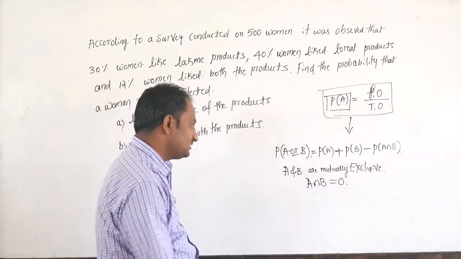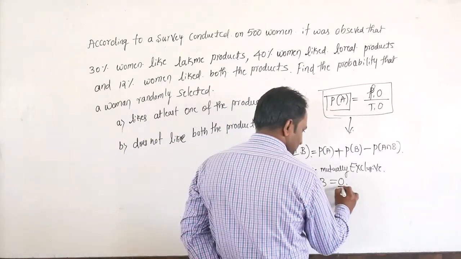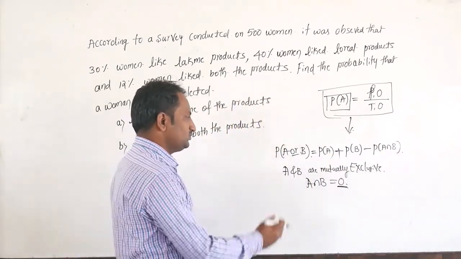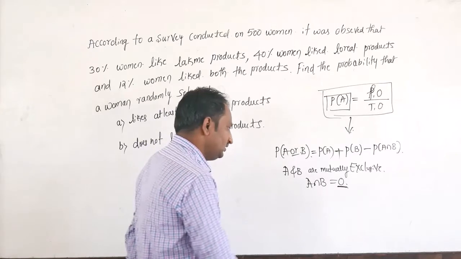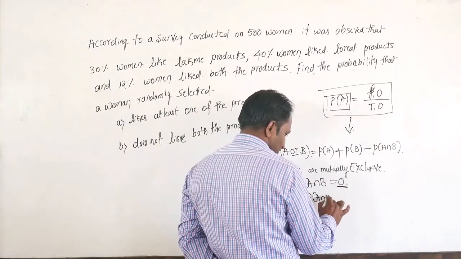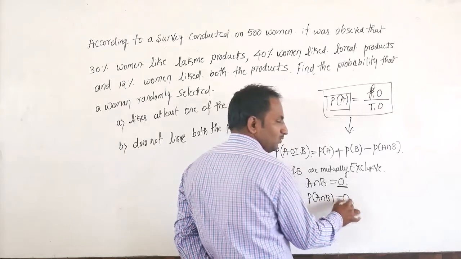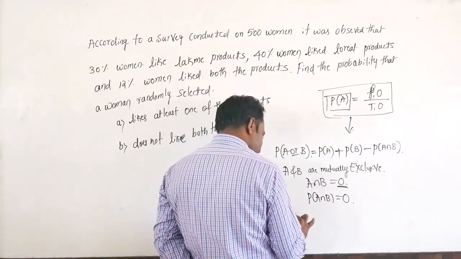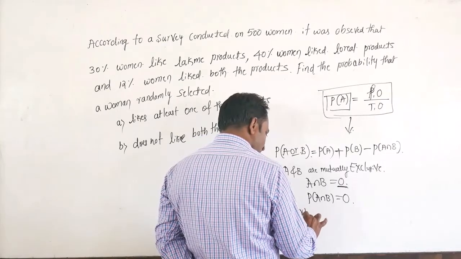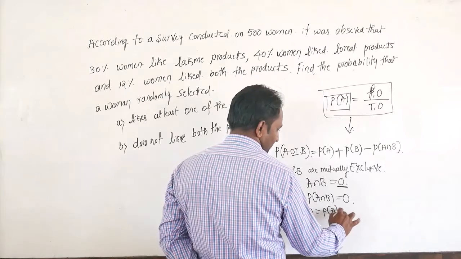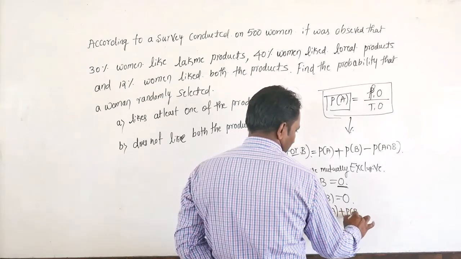In a null set there is no element, so the number of elements belonging to these two sets is 0. Then probability of A intersection B is equal to 0. That's why probability of A or B is equal to probability of A plus probability of B.